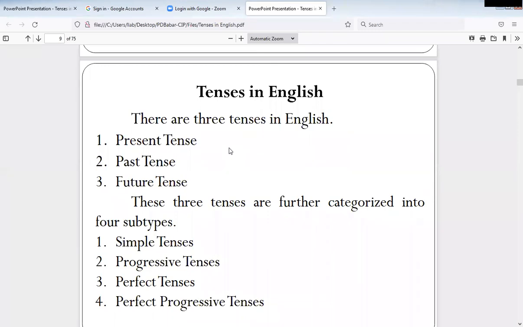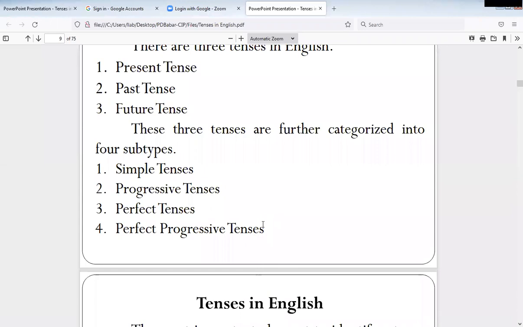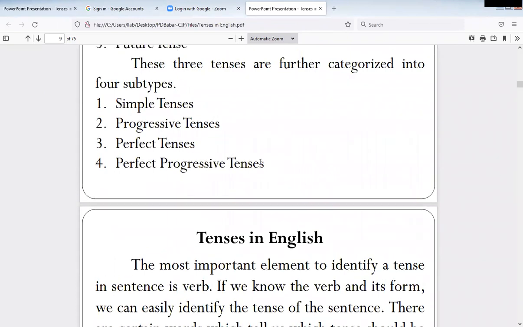These three tenses are further categorized into four subtypes, that is simple tenses, progressive tenses or continuous tenses, then perfect tenses, and perfect continuous or perfect progressive tenses. So these are the four subtypes.